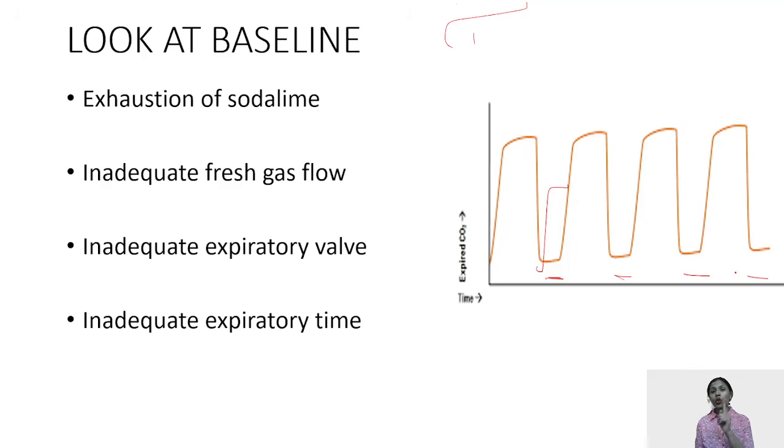Now in this, it's not touching the baseline, which means some amount of carbon dioxide is being added to our inspired gases also, which is known as rebreathing. So if the EtCO2 curve is not touching the baseline, this is suggestive of rebreathing.